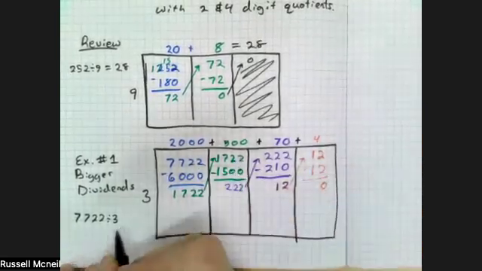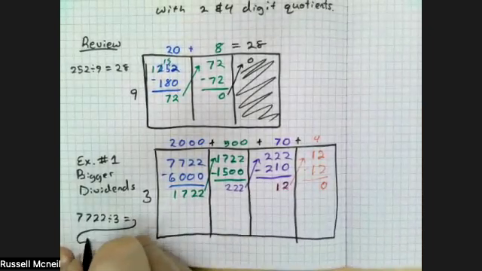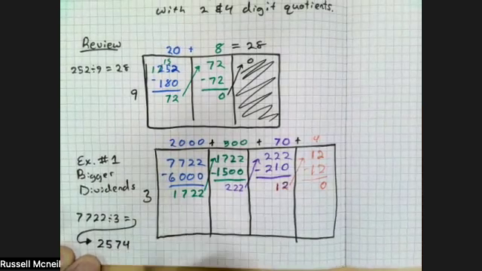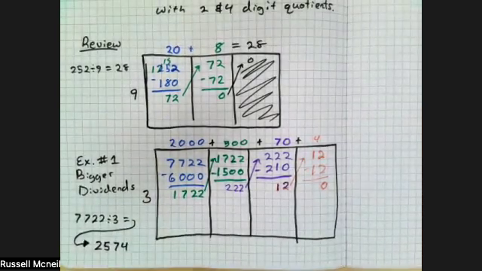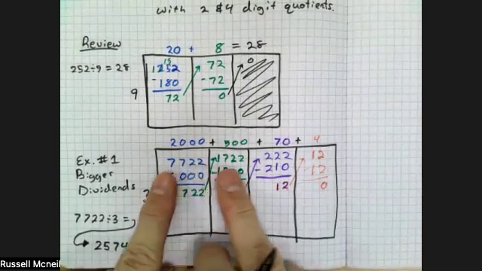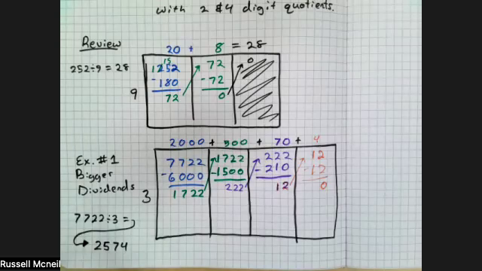We're going to add them up. I'm out of space right here, so I'm going to move my answer right down here. We get 2,574. So this is just a much larger dividend. We extended it to an extra box. All right. And this is half of today's lesson.